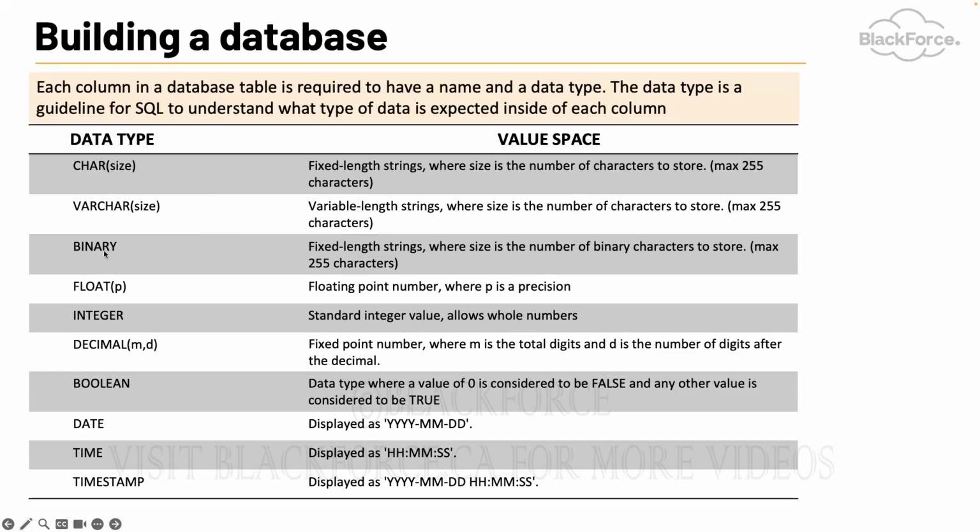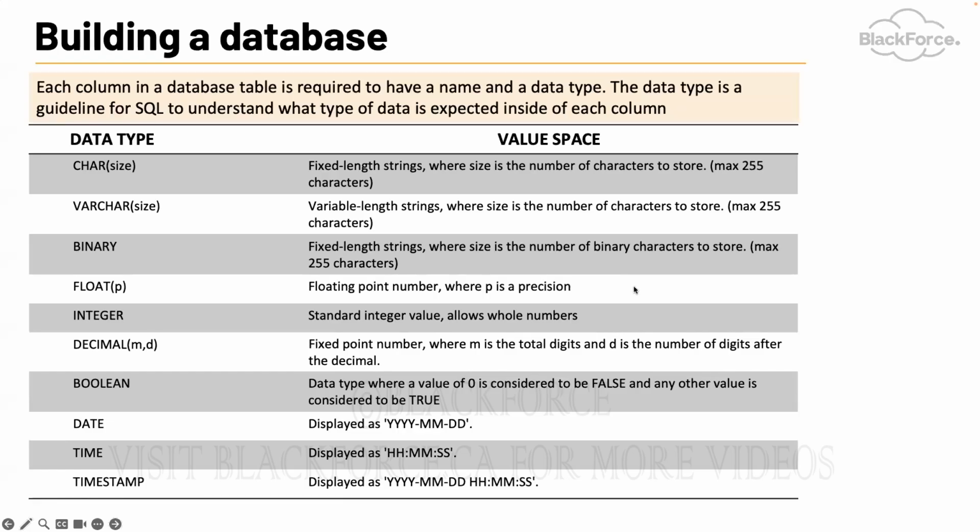Binary is 1 and 0, and you can have multiple of those. Float is a floating point number with a precision. We'll see those as well when we're creating our tables. Integers, we know what integers are: 1, 2, 3, 4. Decimal specifies a fixed point number, so the number of digits before the decimal point and the number of digits after the decimal.